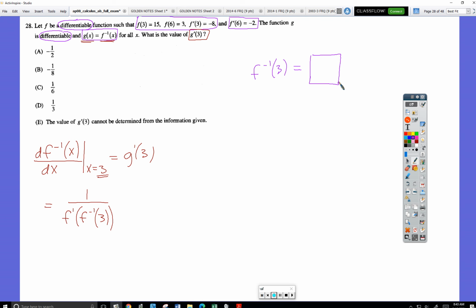Yep. F inverse of 3 is equal to 6 because f of 6 is equal to 3. That's how f inverse works. And then we need to find f prime of 6. Let's slow down. Let's pause there for questions.